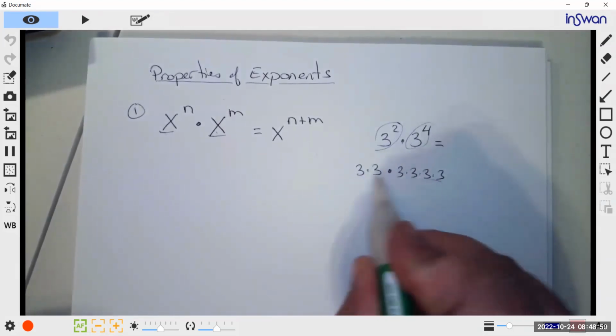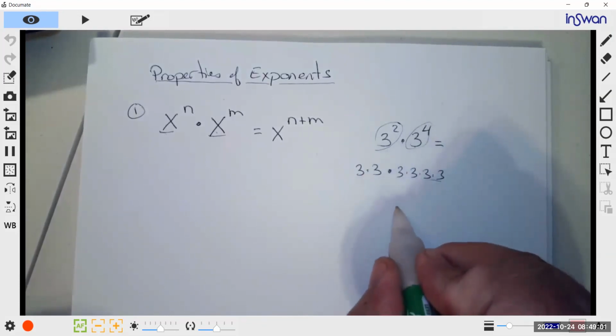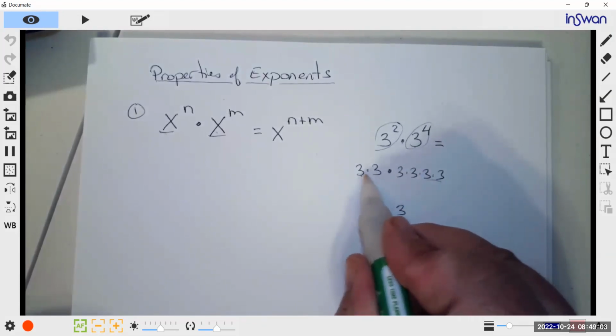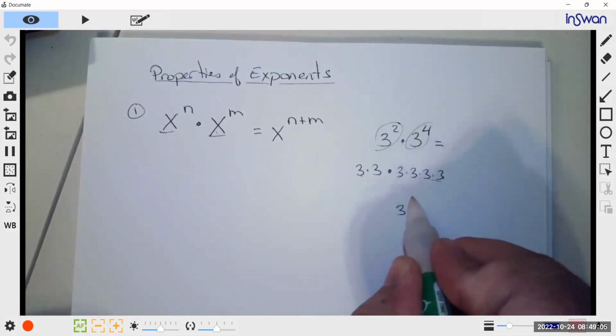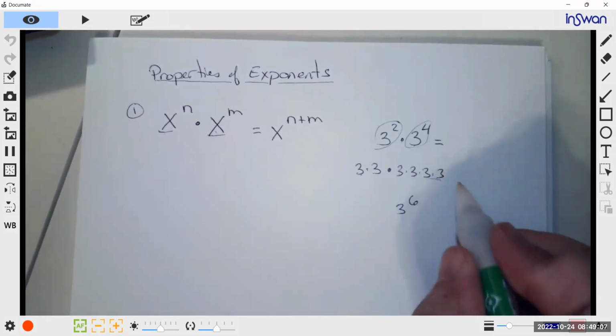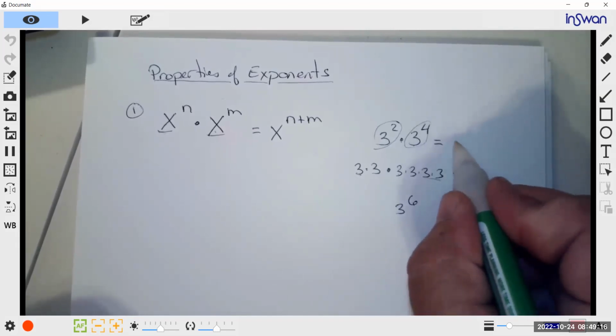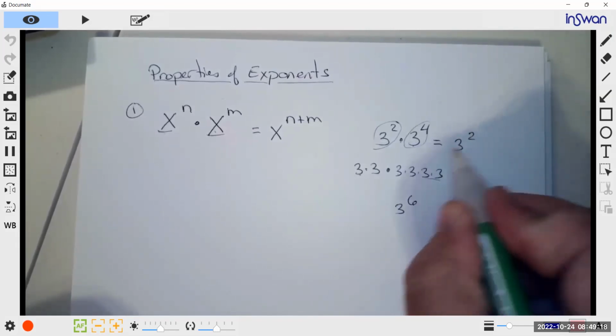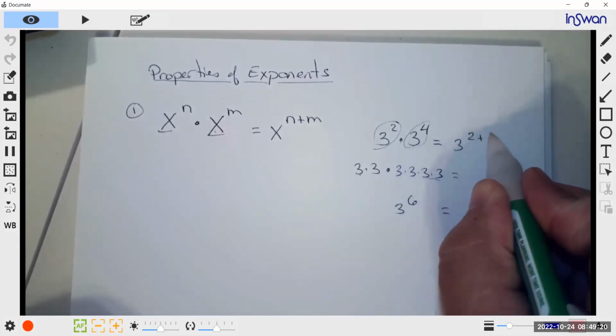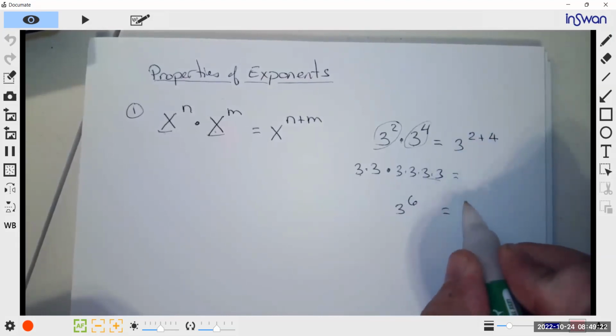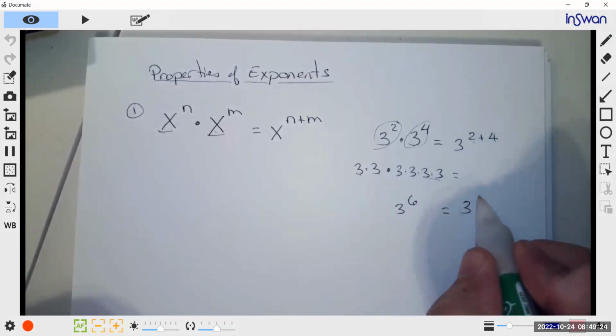Since I have the same number, they're all threes, that's my base. How many times does it occur? 1, 2, 3, 4, 5, 6. It occurs 6 times. Or I could have just, since I have the same bases and I'm multiplying them, add the exponents. 2 plus 4 is 6.